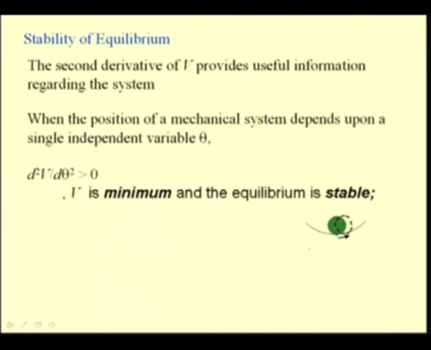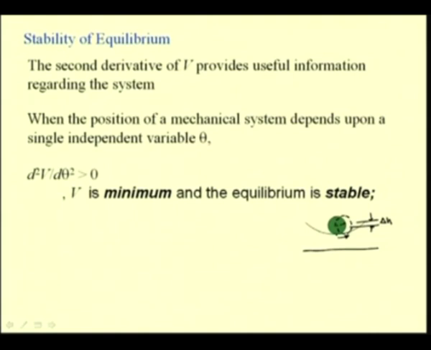Let us say we have this as the datum, and originally the mass center or the center of gravity lies here. Now it moves to a new position, thereby there is a change in the height of the center of gravity, which increases the potential energy associated with this sphere.